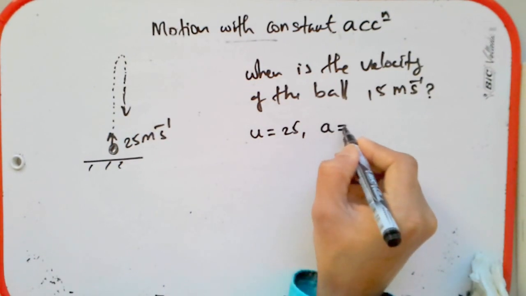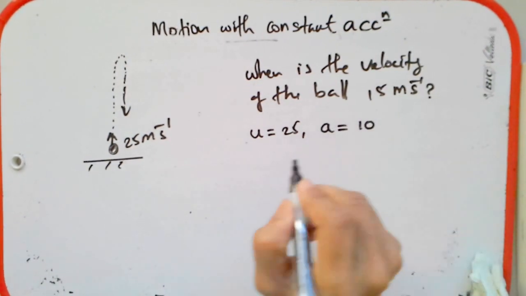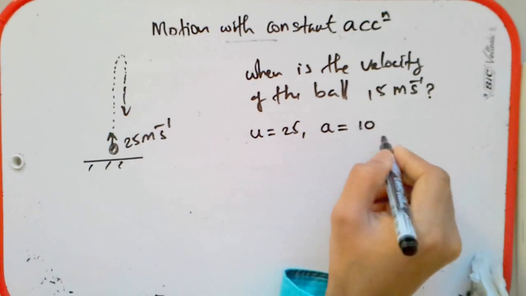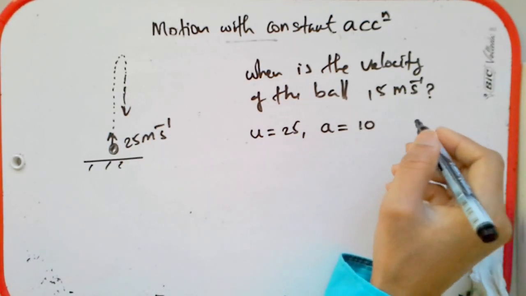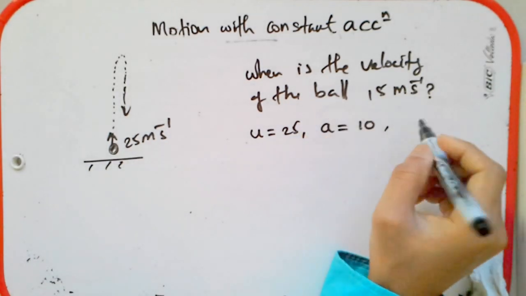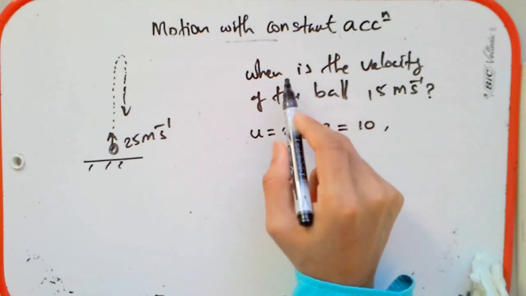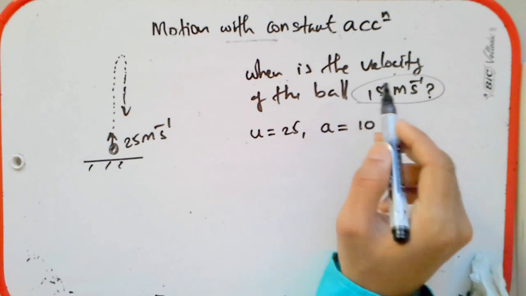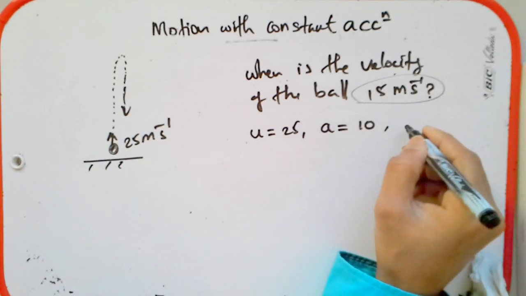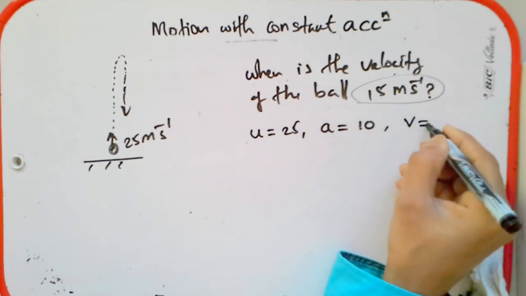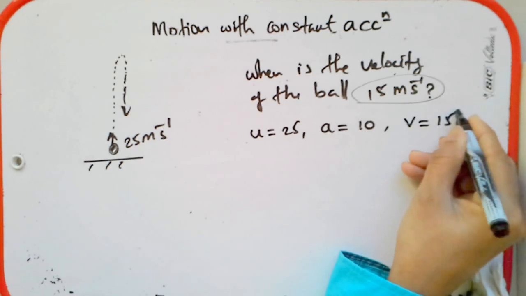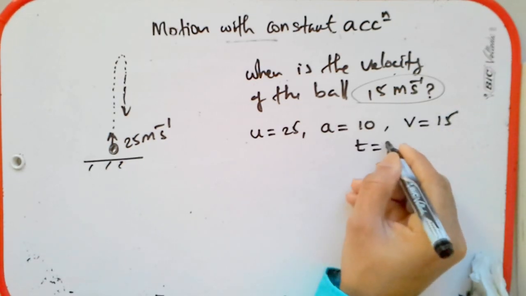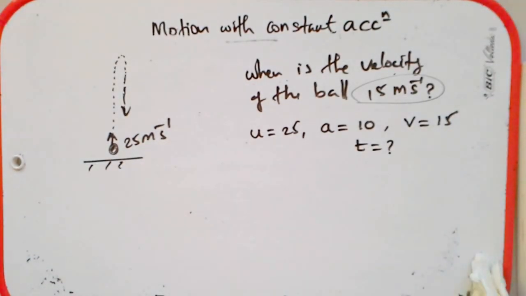The acceleration is 10 always, or you can take 9.8. And you need to find the time taken when the ball reaches this speed. The final speed should be 15. I need to find the time taken to reach 15.